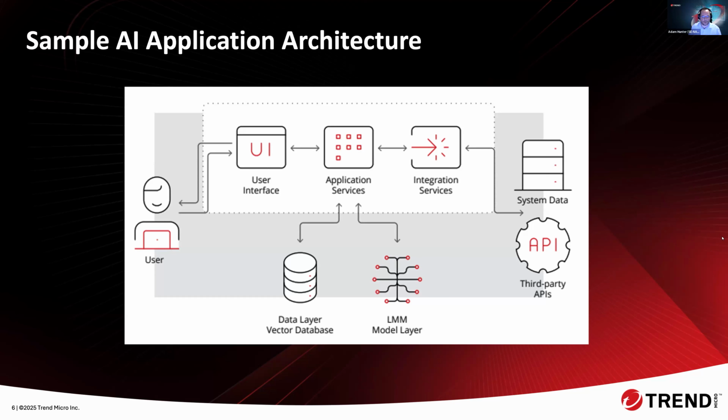And they're talking to integration services that then talk to your data backed by APIs, so that your developers could potentially build applications around those application services. And then those microservices can then talk to your LLM models and your vector databases and such. So it's good to understand the overall sample architecture.